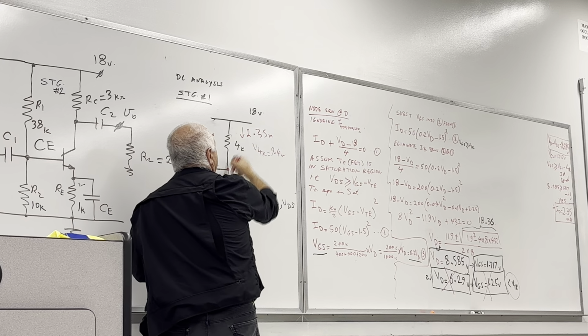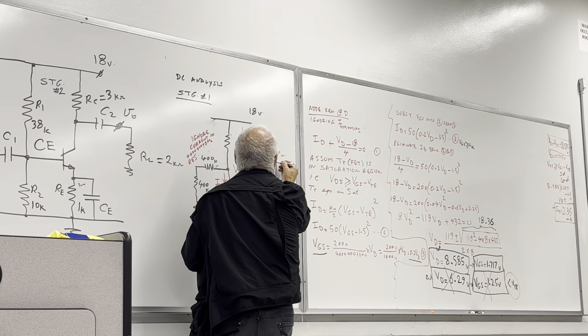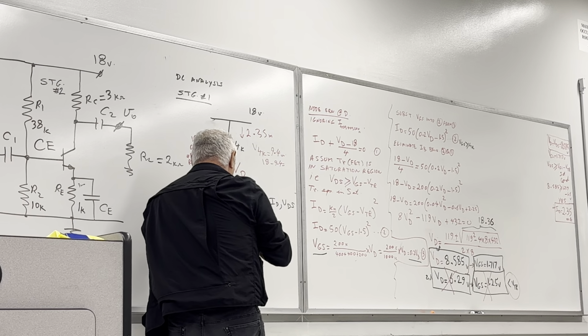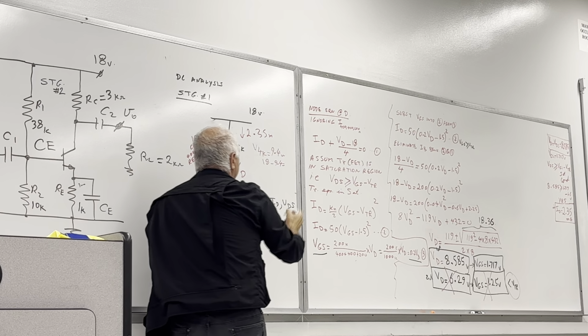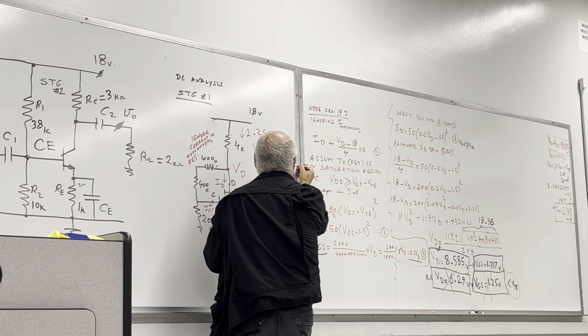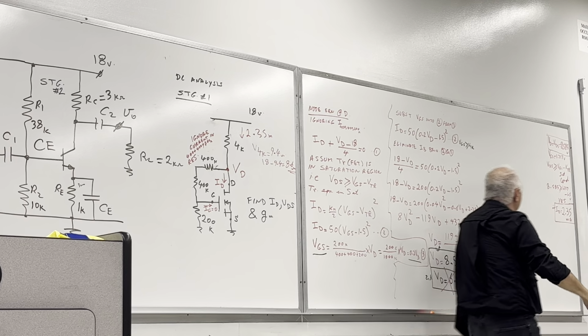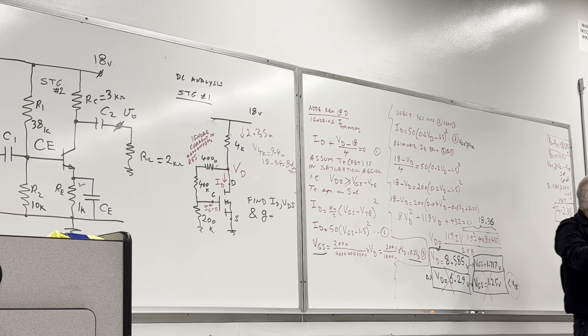So VD is 18 minus 9.4, which is 8.6 volt. Look at that. 8.6 volt agrees with what we got over here. VD 8.6 volt. Okay, so we're okay.